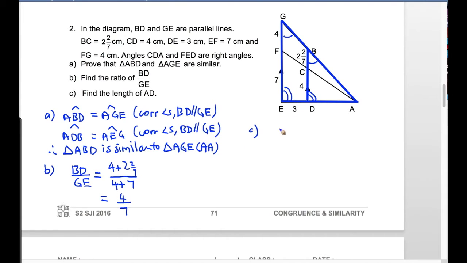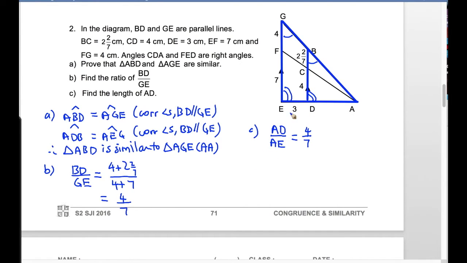And we use this ratio to find the next length AD. The corresponding side to AD, as seen from the arrangement, AD corresponds to AE, which is equal to the known ratio, which is 4 over 7.